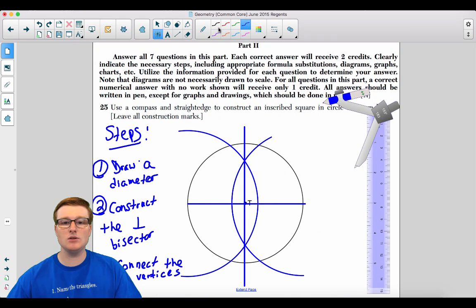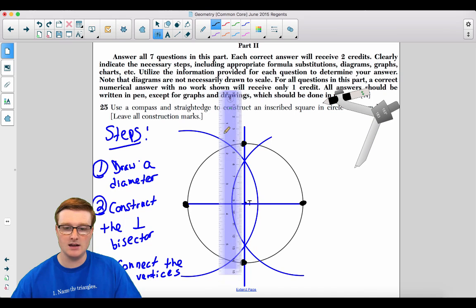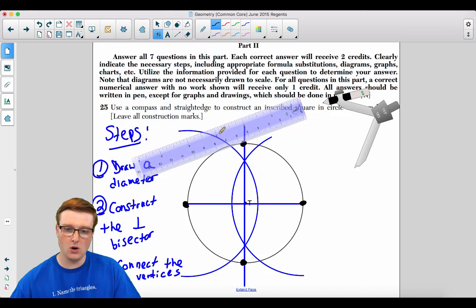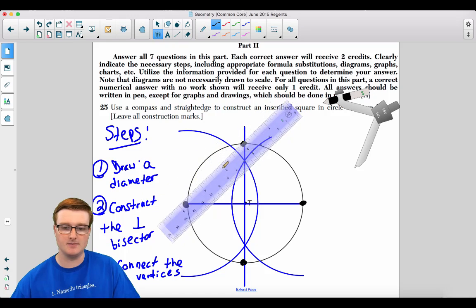Now, these points that you see up here, these 2 points and these 2 points over here, are the vertices of your square. So now you just take your straight edge again and connect all of those points to create your square.